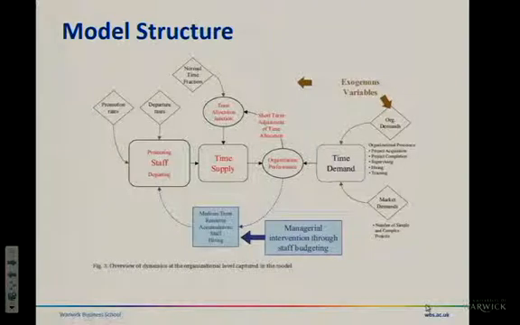Those imbalances are reflected through the short-term adjustment of the time allocation, so how people start making trade-offs between the different actions in order to adapt to what is necessary to satisfy the requirements from the market, from the time demand. In the medium to long term, the intervention is through staff budgeting.